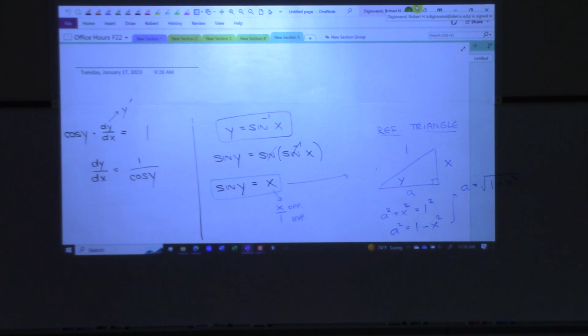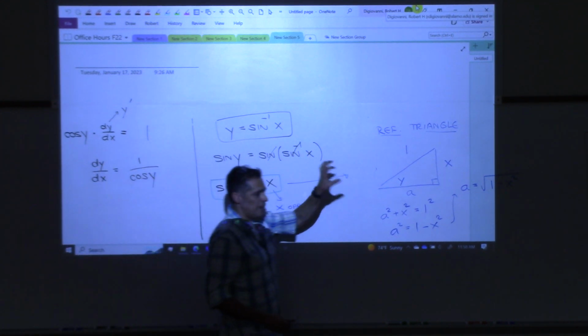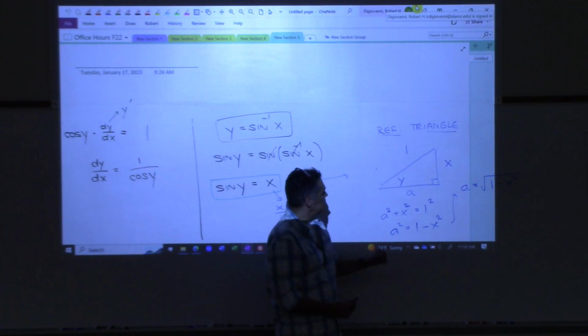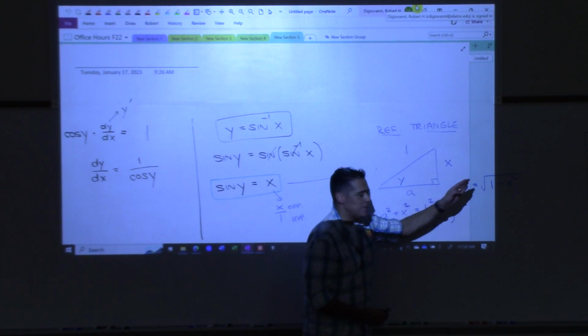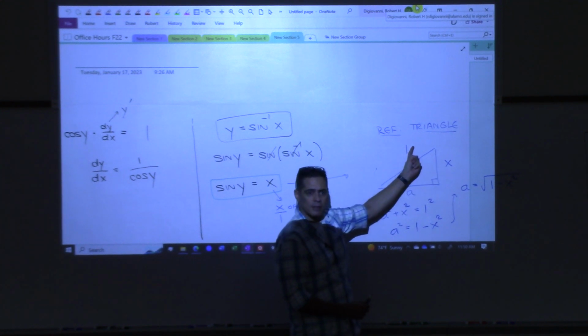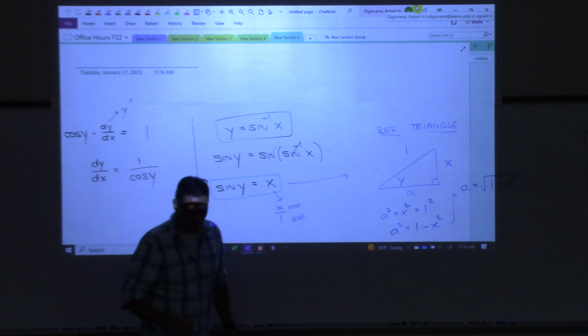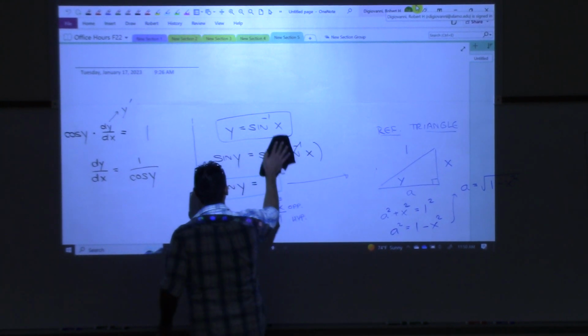Now, based on this triangle, what is cosine of y? Adjacent over hypotenuse, so it's just this over 1, isn't it? I hate having to force myself into this small space, but we can make it happen.